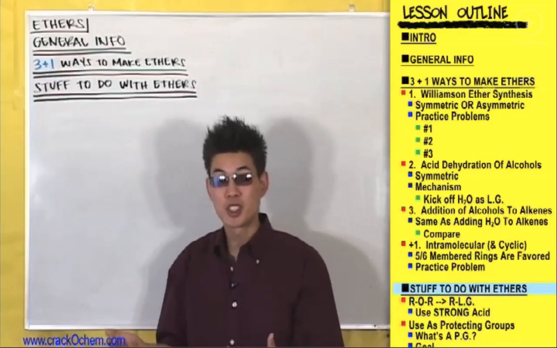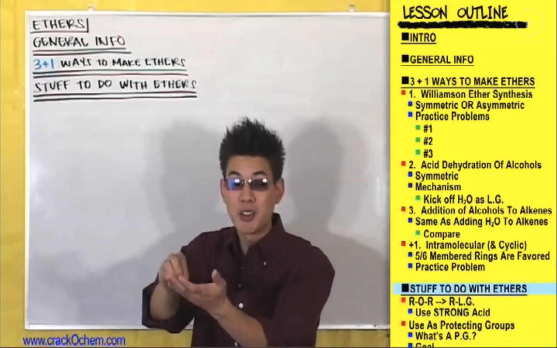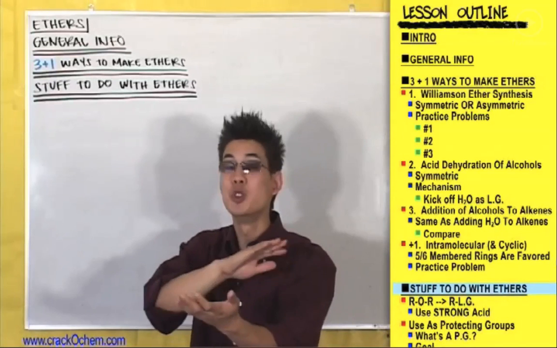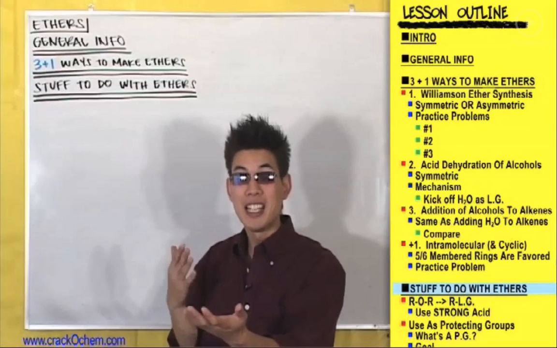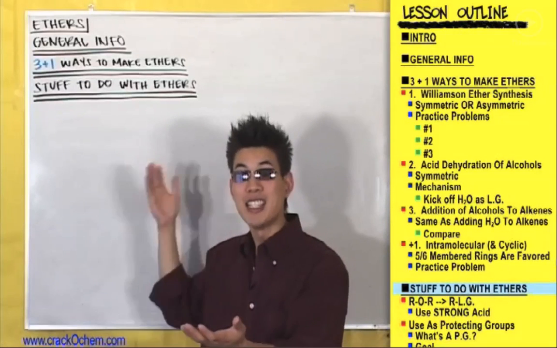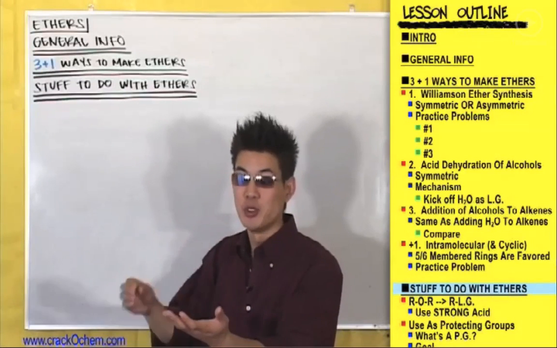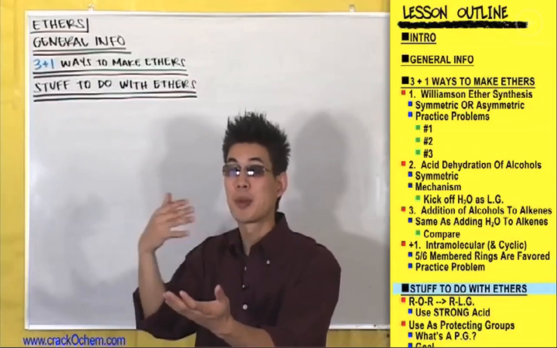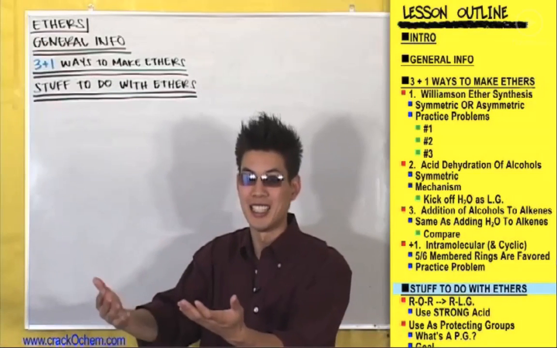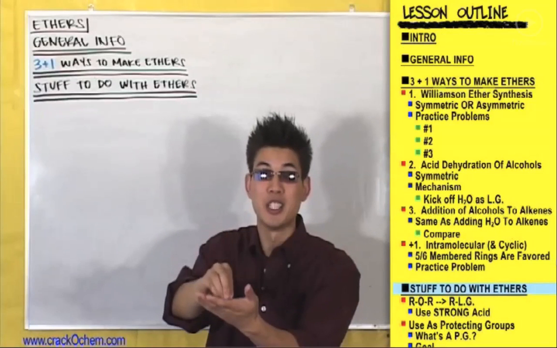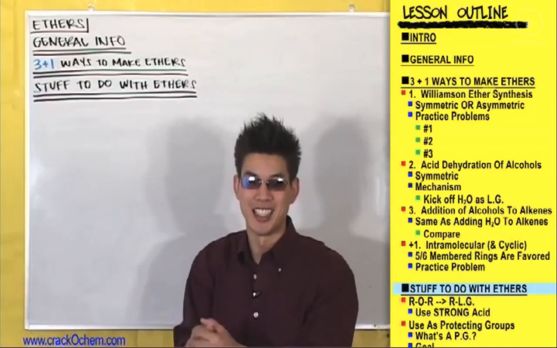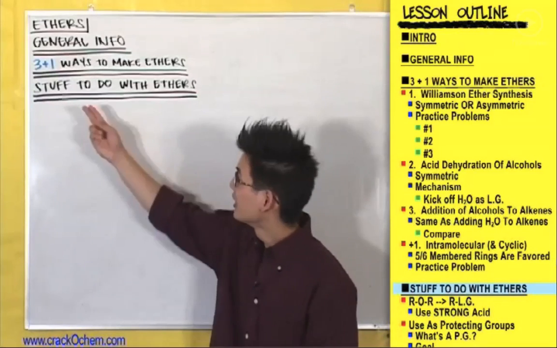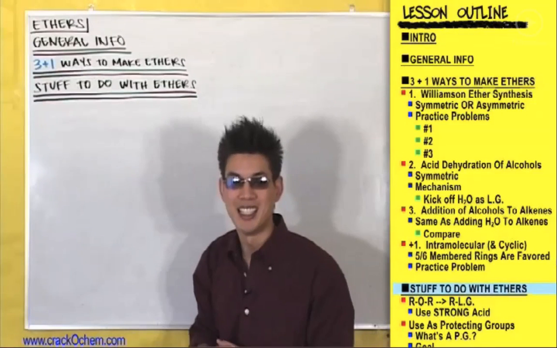Okay, so ethers are going to be used as protecting groups to cover up places in a compound that you don't want to react. And they're used to do this because ethers are not reactive. So if you turn these different parts of your compound into ethers, then it's like protecting them from reacting, and you only do a reaction at the place you want to do your reaction at. Okay, so let's go ahead and get into stuff you can do with ethers now.